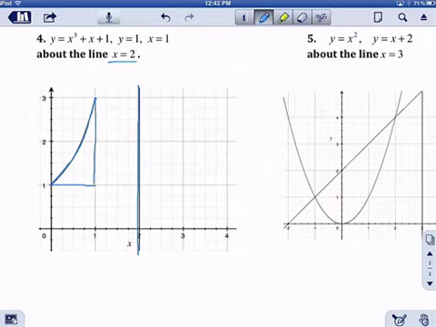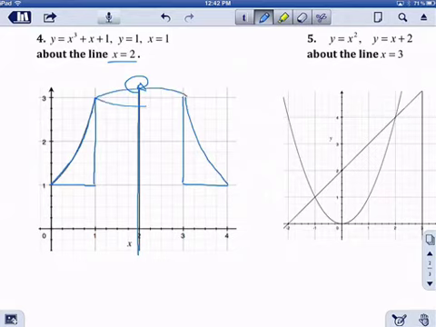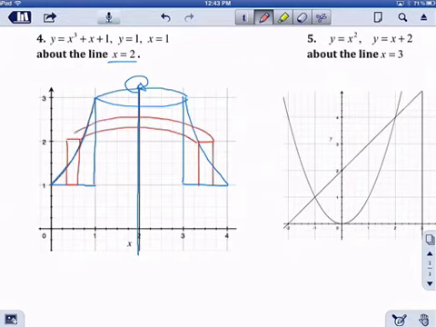We want to revolve this area around this axis, and it would mirror on the other side. You can see our representative rectangle here, and if this were mirrored, it would be over here. Then you can see the shell.